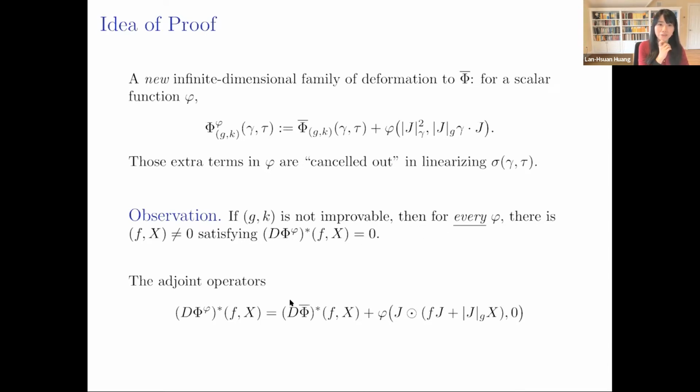So you cannot have this equal 0 for every phi unless this extra term really isn't there for any phi. Which means the f x has to be 0 and the f x has to be a kernel of this.